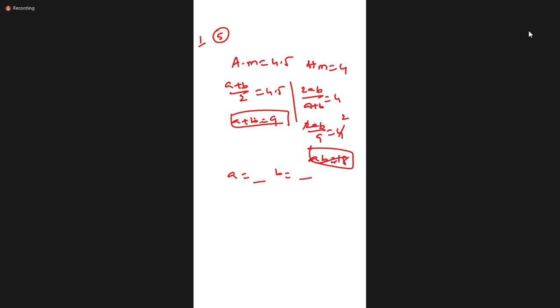Seventh, mode. Mode they are asking. Mode means which number repeats maximum times. More frequency is called mode. Seventh question. 3 how many times repeated?